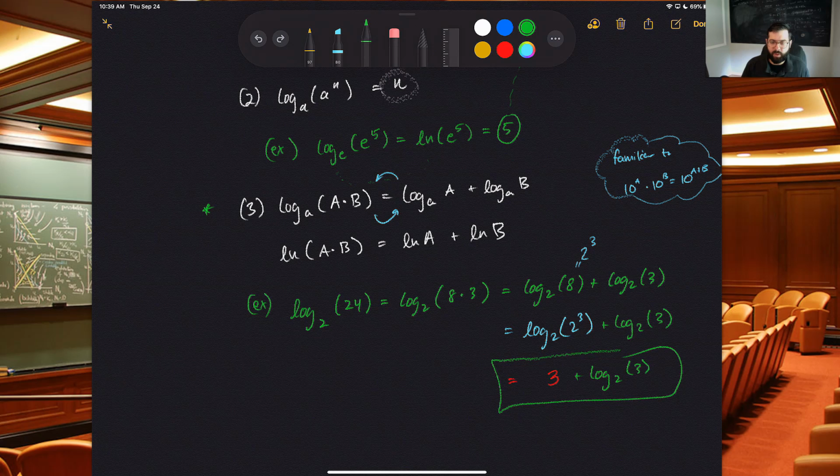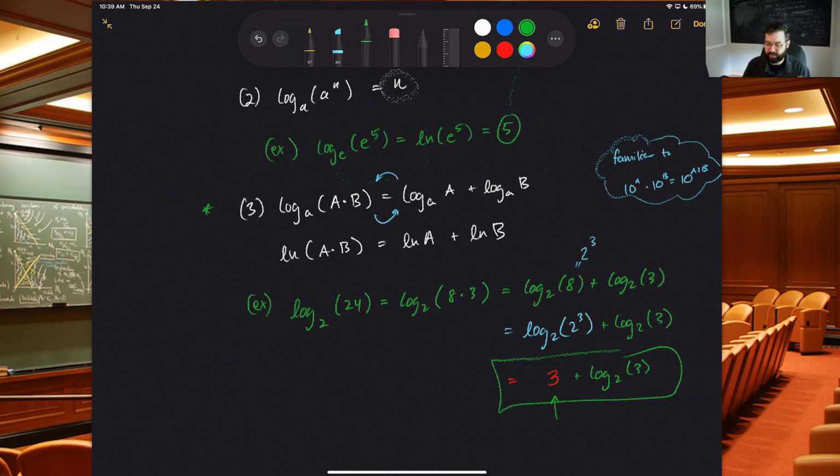Okay, so why is this helpful? Again, the splitting apart of some expression into little pieces is nice, and also it can help us get an idea of estimation, right? I know this number is going to be a little bit bigger than 3, right? What is log base 2 of 3? This is something a little bit bigger than 1.